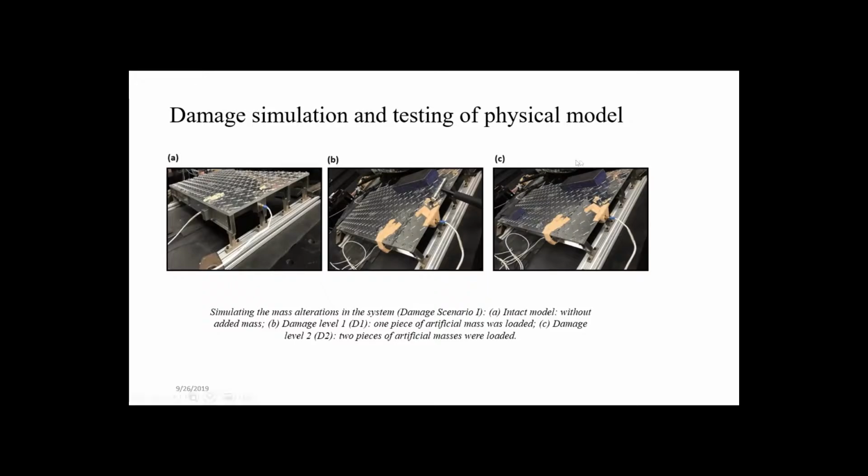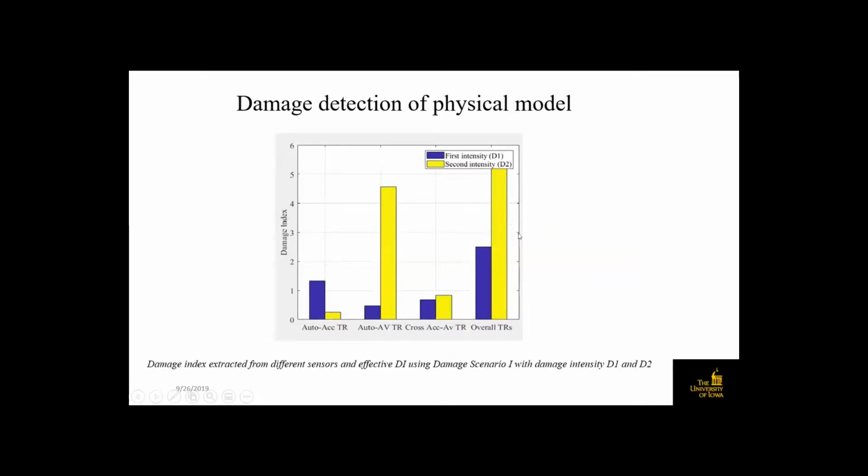And basically, from experimental data, because we put sensors, we can go to the damage detection method, and the damage detection method will tell us you have failure here, or the integrity of this support changed, and so forth. So this is some example of damage detection of the physical model.